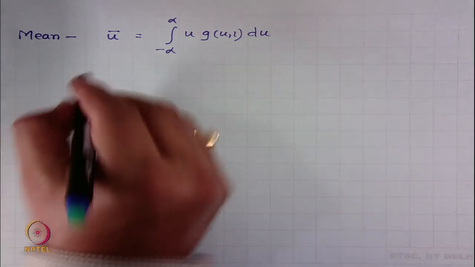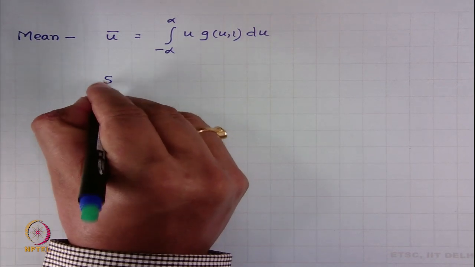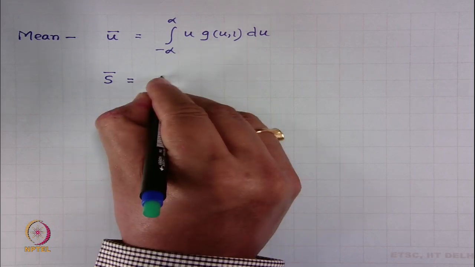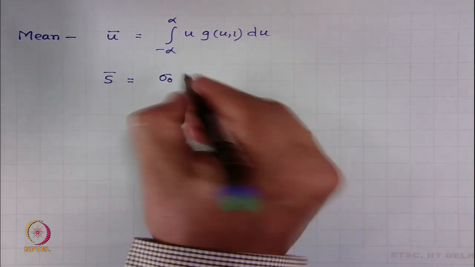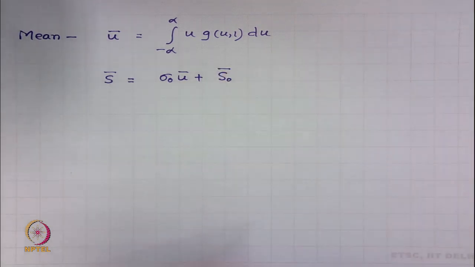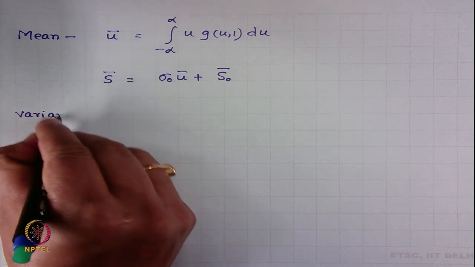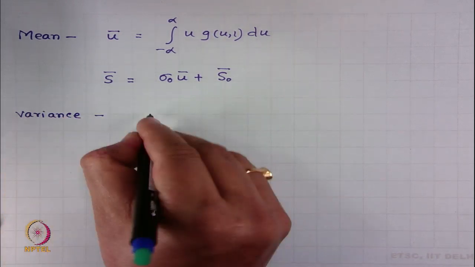And if I convert into S bar, it is sigma naught into u bar plus S naught, right. Mean of u and mean of S can both be found out. Say variance: what is variance?